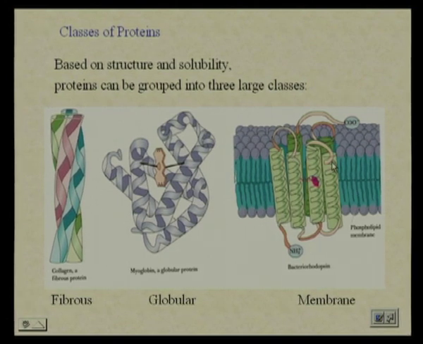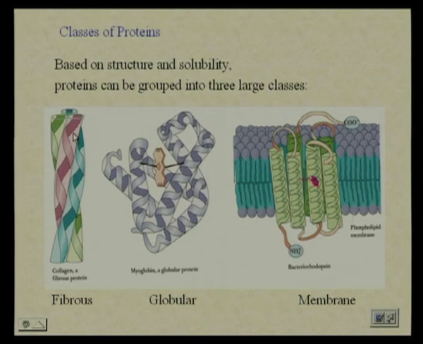We also did hydropathy plots to figure out where these helices are going to span the membrane. And we also learned that on the surface of these helices, it is likely that we are going to have hydrophobic amino acid residues, so that they can interact with the hydrophobic tails of these lipids.